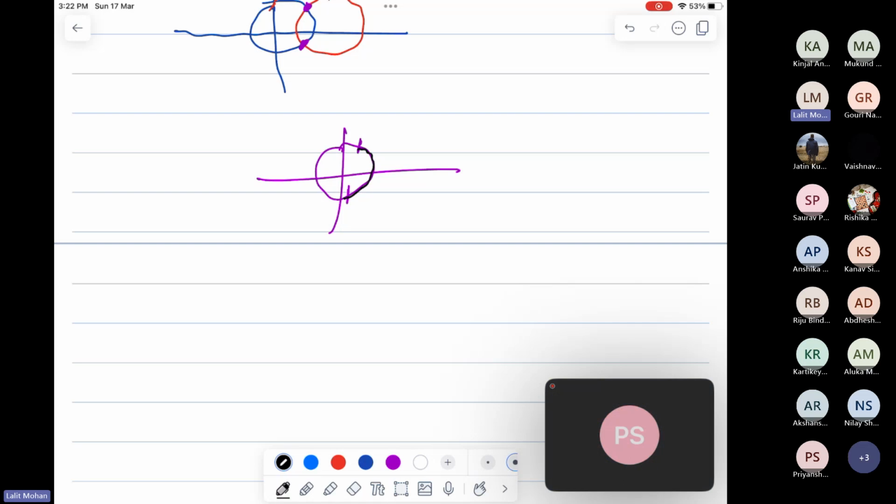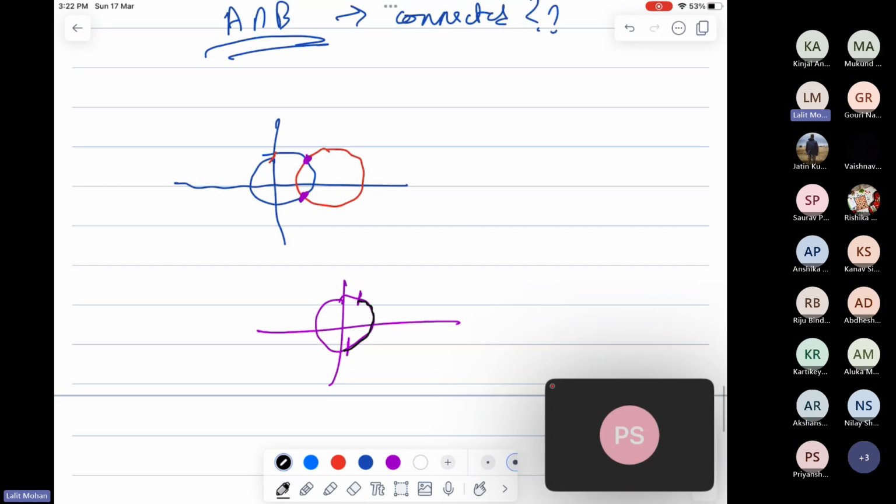So the circle is connected. Now, is there any path between these 2 points? This blue one is A, and the orange one is B. Both are circles, both are connected. Their intersection will have these 2 points. Can you reach from one point to another point in A intersection B?